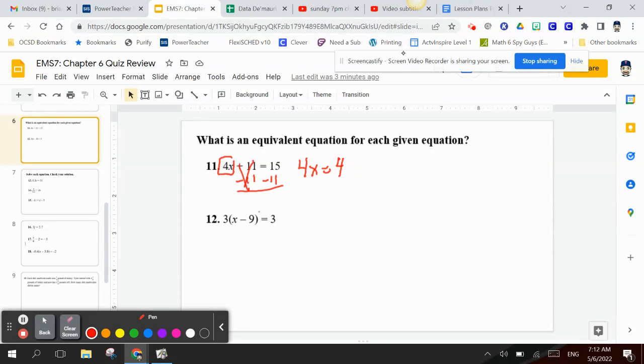Number 12, 3 times the quantity of x minus 9 equals 3. So if I want to divide each of these by 3, because I want to get my variable in the parentheses by itself, my 3's cancel out. 3 divided by 3 is 1. I am left with x minus 9.